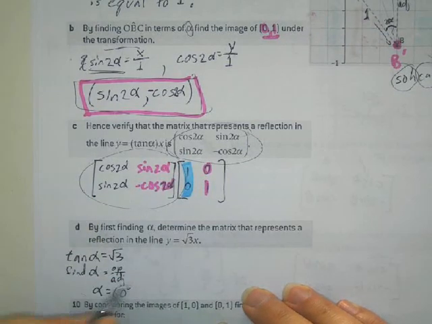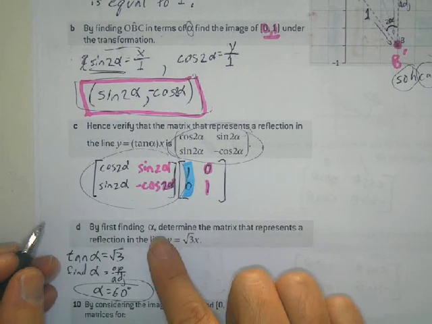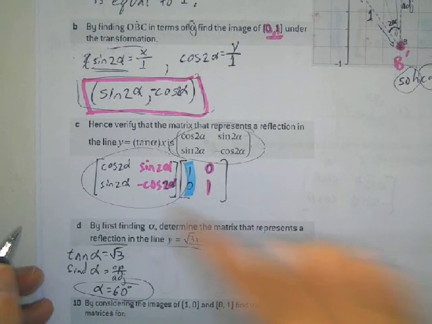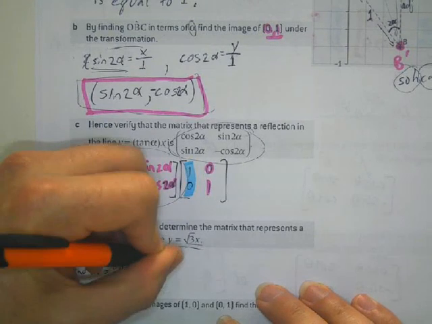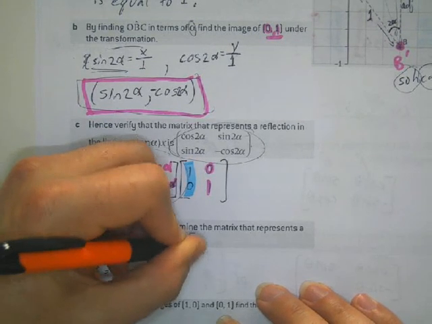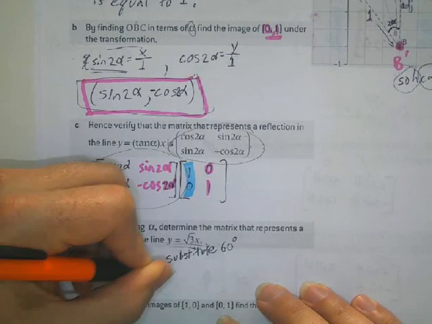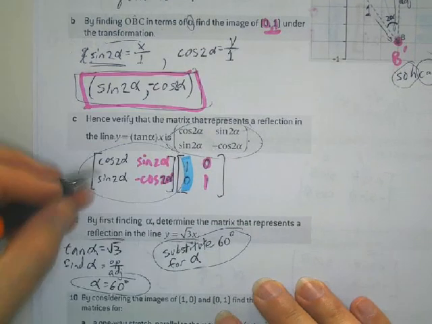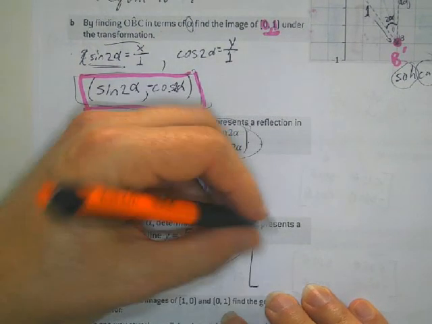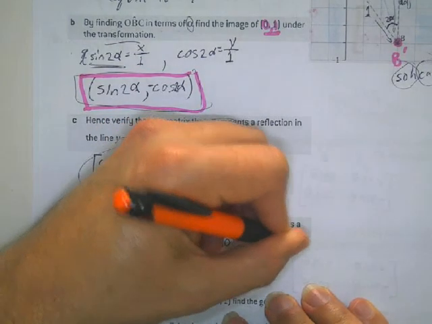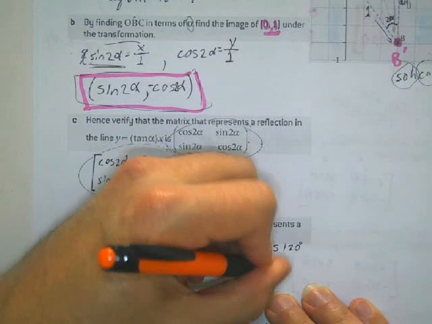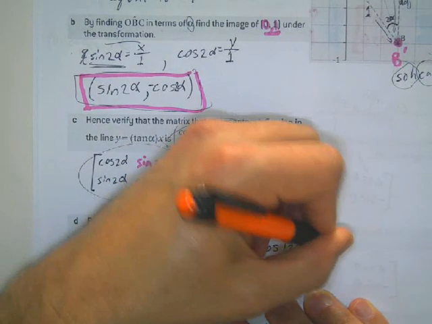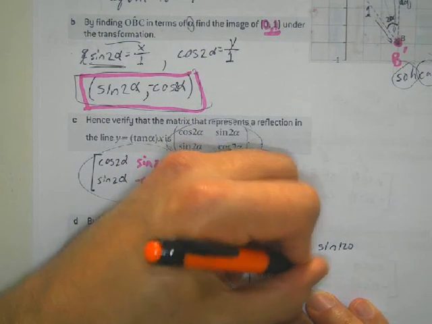Okay. So now if I want to find the reflection on this line, I'm going to use this transformation, but instead of writing alpha, we're going to substitute 60 degrees for alpha. So now I can rewrite this as cosine 120, sine 120, sine 120, and negative cosine 120.